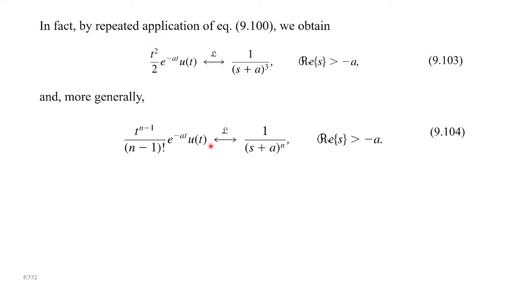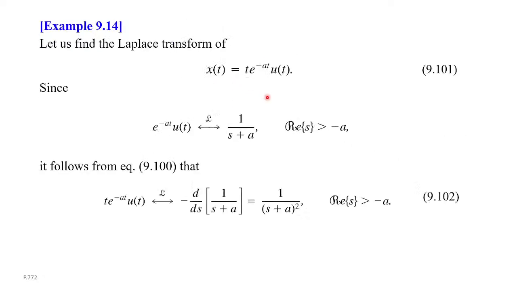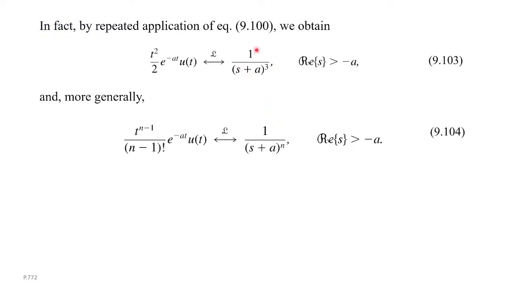Remember, when you do partial fraction expansion and you have some poles of high order, you look at this table: an nth order pole becomes an exponential with t to the n minus 1, also divided by this factorial. Question?